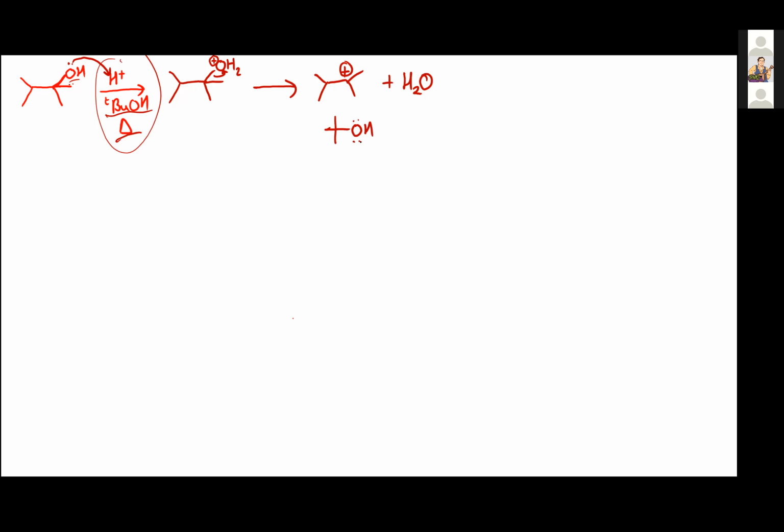So what we're looking for here is you should be thinking, okay, huge, ginormous thing, not likely to be doing a substitution, hopefully. So it's going to do an elimination, likely. Now you need to identify where it is going to eliminate. For that, you need to identify your alpha protons, the protons on the carbons adjacent to the carbocation.